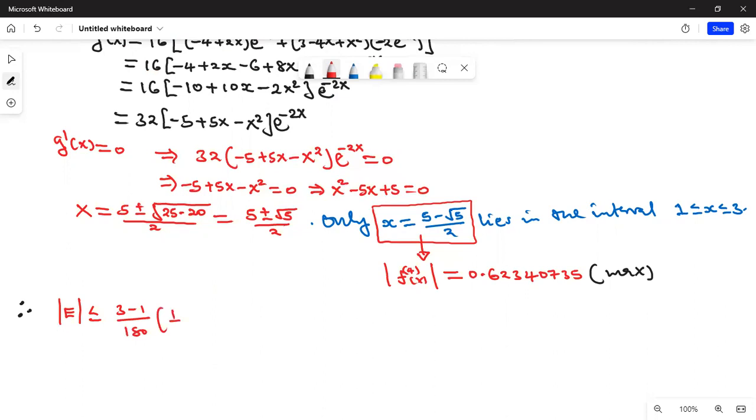That's 1 over 3 raised to 4 times the maximum value, which is 0.6234 0735. Let's press this in our calculator. What do you get?